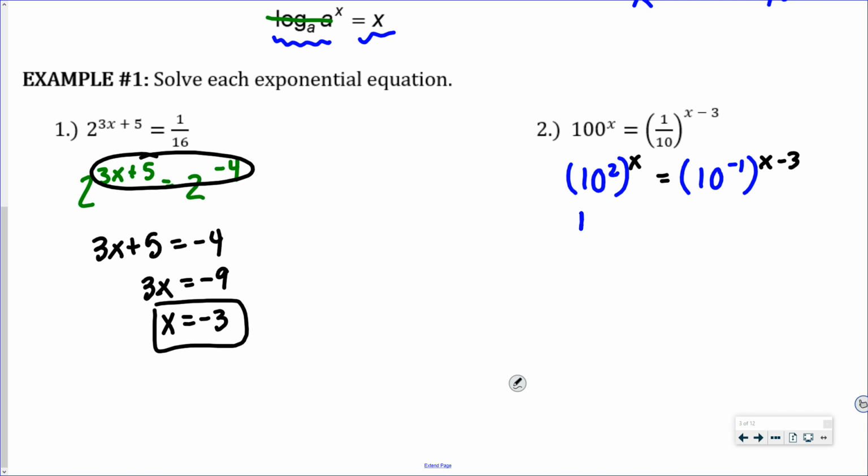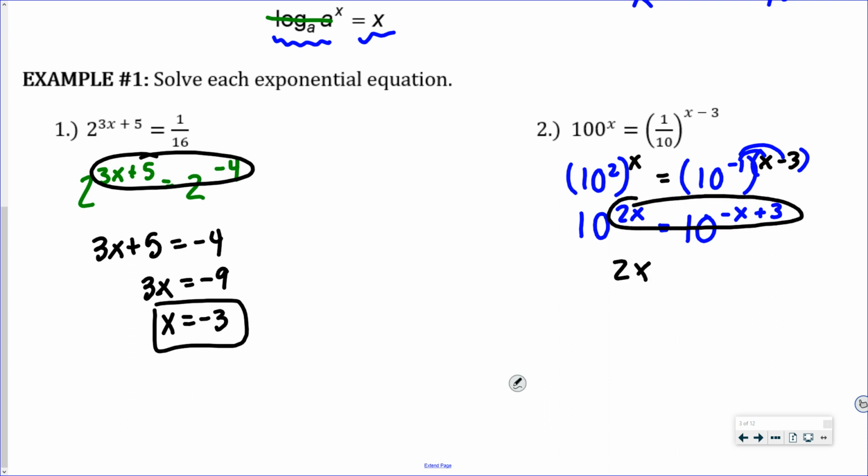What operation do I do with the exponents? Multiply. 2 times x is 2x. Here I'm going to multiply as well. I'm going to have to distribute that. It's going to become negative x plus 3. So again, I don't really need logarithms to solve this. I have the same base, so obviously my powers have to be the same. And we get 1.